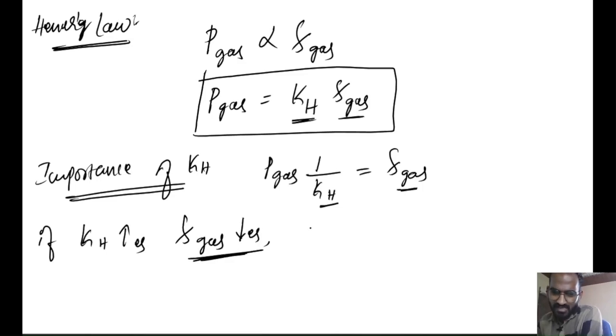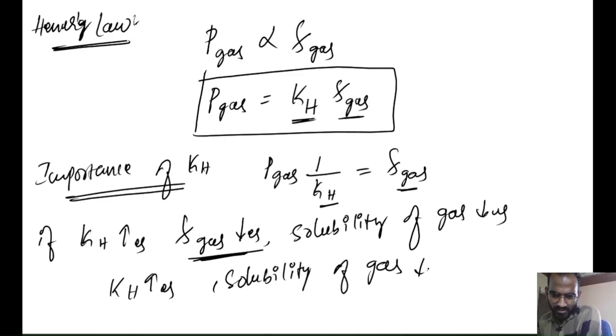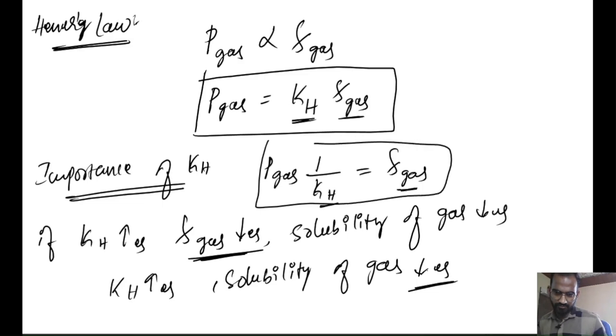If mole fraction of gas is decreasing, it is indirectly saying that solubility of gas also decreases. So we can say if Kh value is more, then solubility of gas will decrease. This is a very important concept about Kh, Henry's constant. Try to remember this one, very very important.